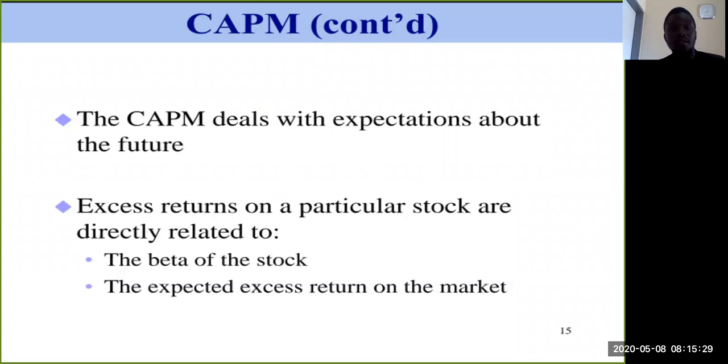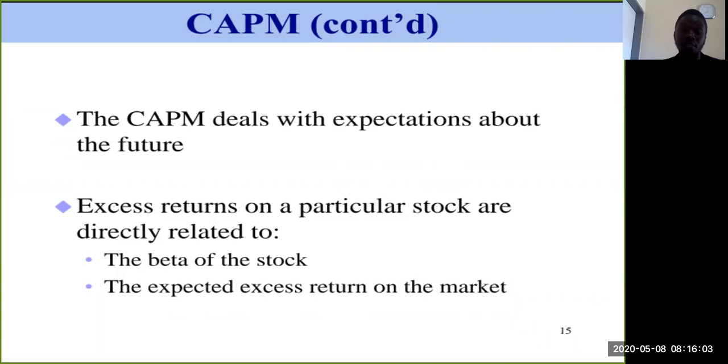So we've got the capital asset pricing model, which deals with expectations about the future. Excess returns on a particular stock are directly related to the beta of the stock and the expected excess return on the market. So when we look at the equation of the capital asset pricing model, on the left side we have the expected return on the security.